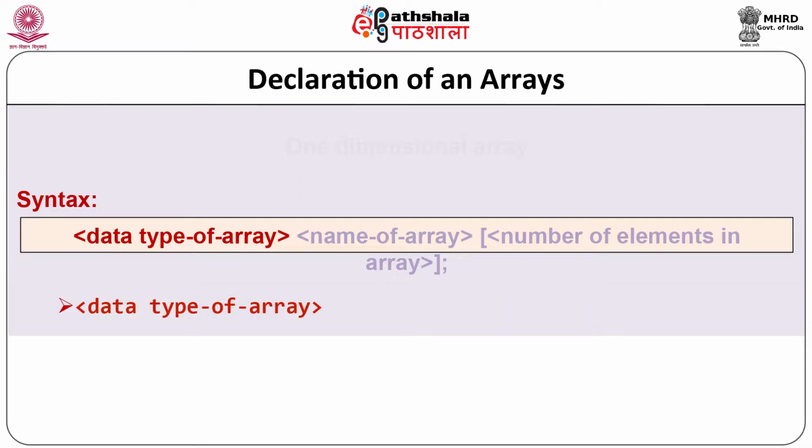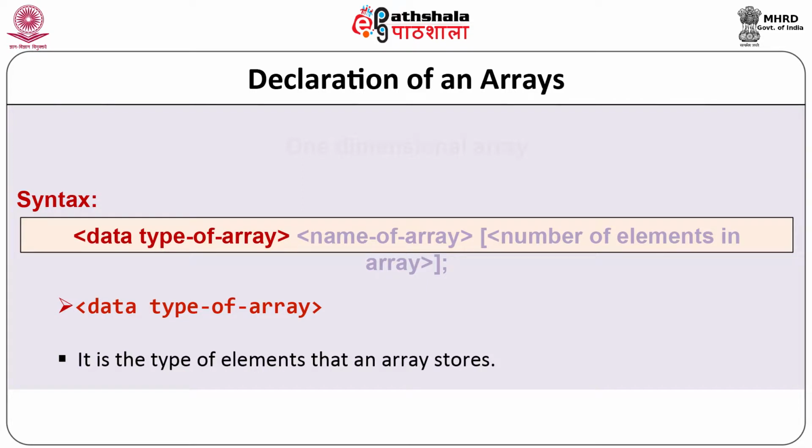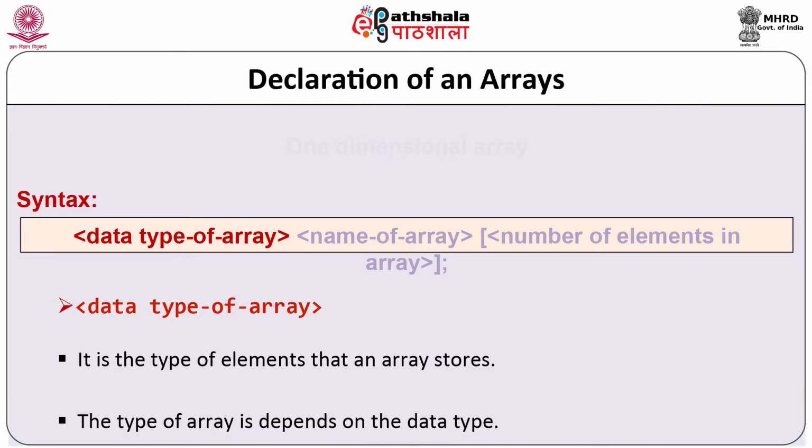Data type is the type of element that an array stores. The type of array depends on the data type of its elements. If the array stores character elements, then the type of array is character. If the array stores integer elements, then the type of array is integer.